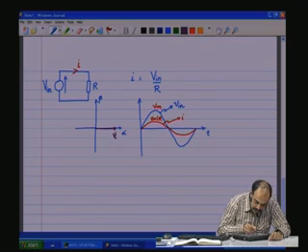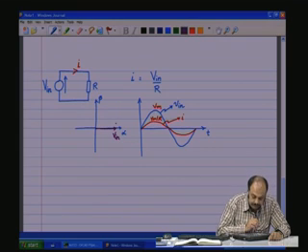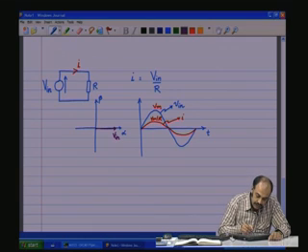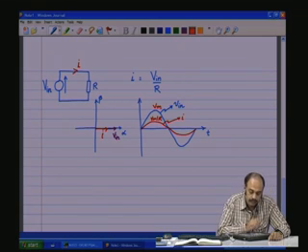So, if V in is a vector with an amplitude V m, then another vector, we will call that one as I vector, has an amplitude V m by R, and that is also in phase, because both are starting from 0.